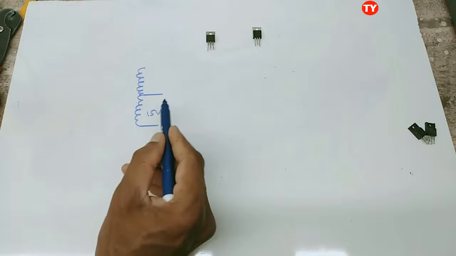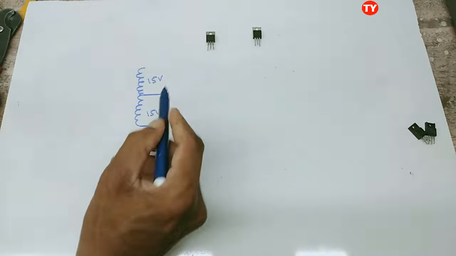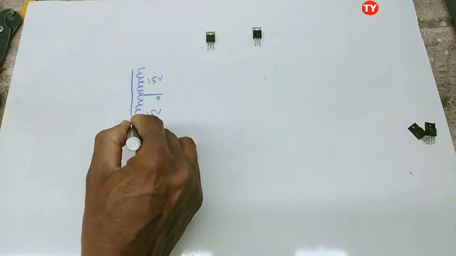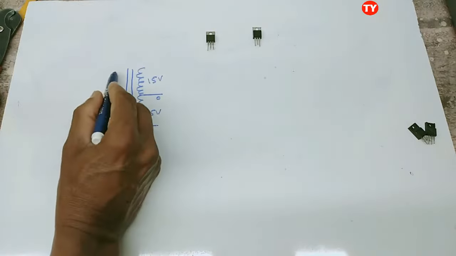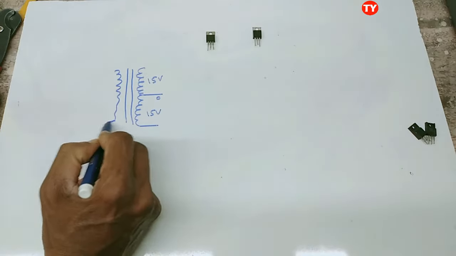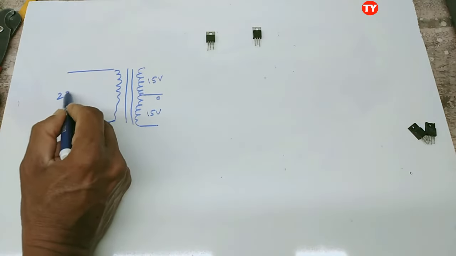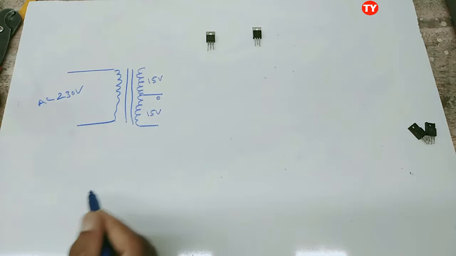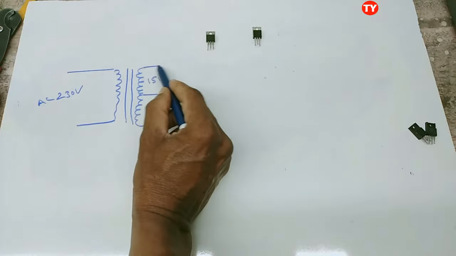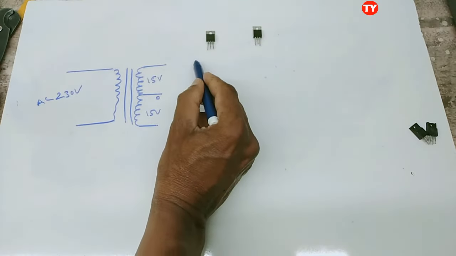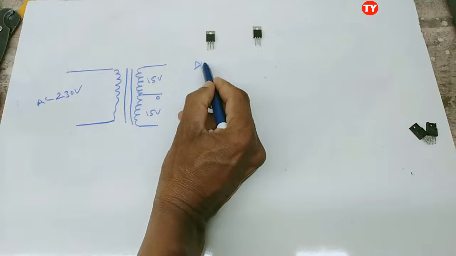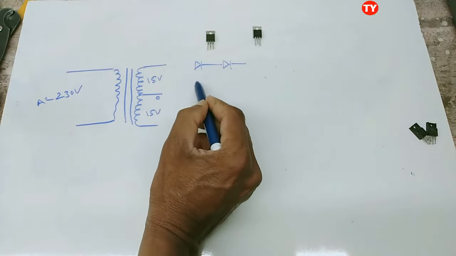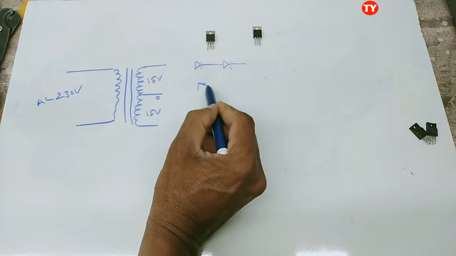Now 15 volt AC, 15 volt AC. This one 0. AC 230 volt input. Here bridge rectifier.